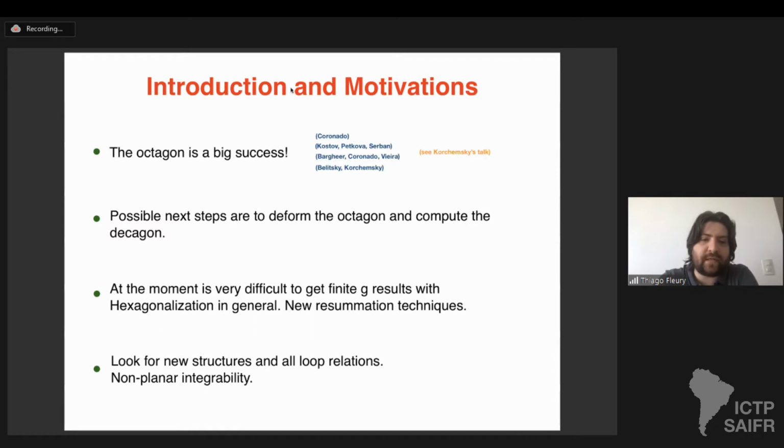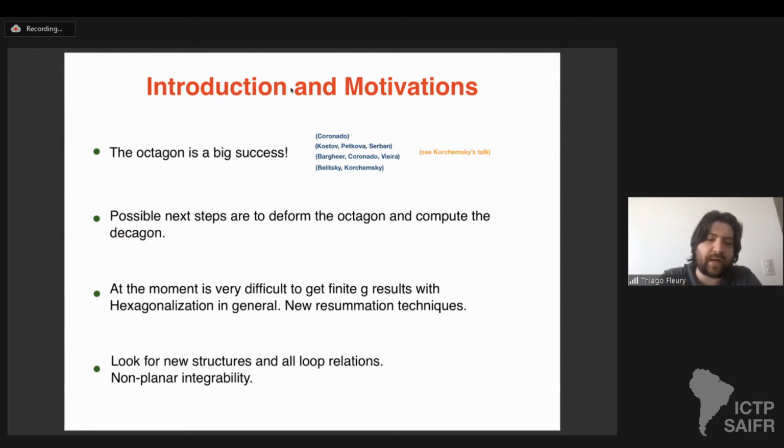I have to say that at the moment, it's very difficult to get finite coupling results in general with hexagonalization. So we should look in general for some new resummation techniques. But anyway, it's possible to look for new structures, new constraints that this object satisfies, and look at all-loop relations. I will show some small progress here.